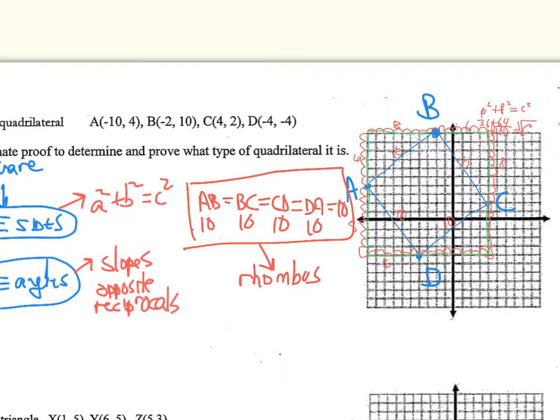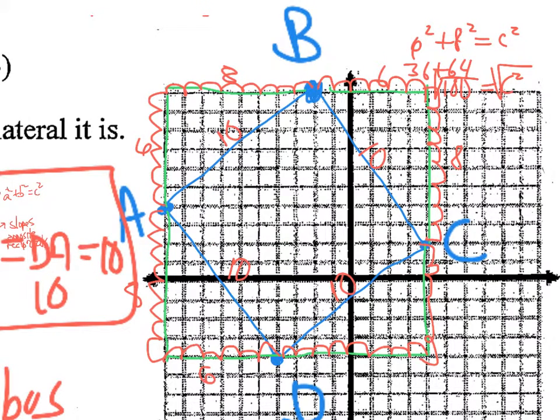Okay, so next I want to calculate out the slopes. So the slope of side AB rises 6 and runs 8. So that's a slope of 6 over 8, which is 3 over 4. So that first slope is 3 over 4.